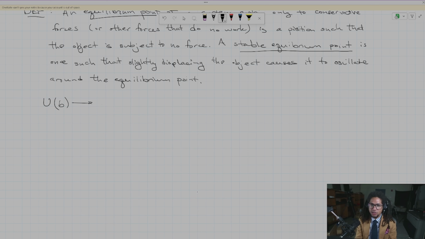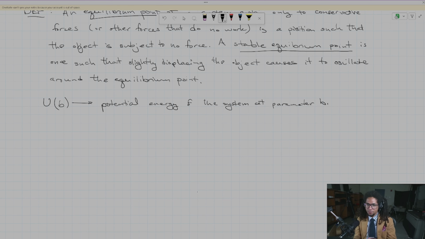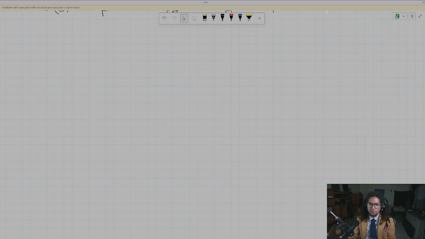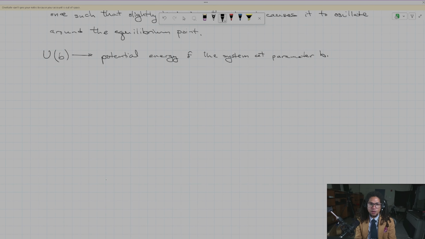So I'll say this is potential energy of the system at parameter b. Okay. So now we can state a fact that is both true and very useful.